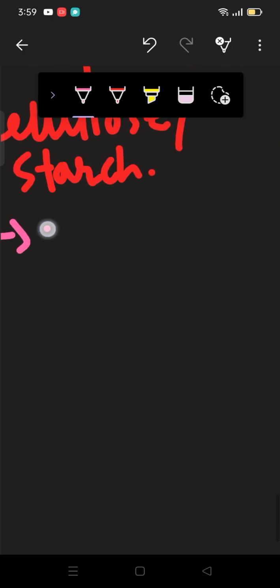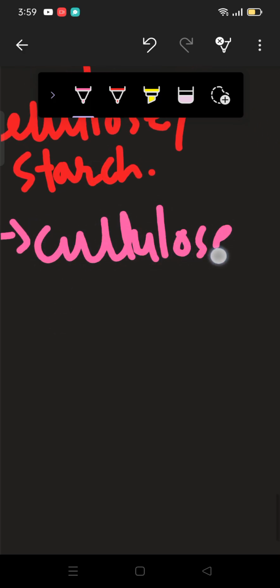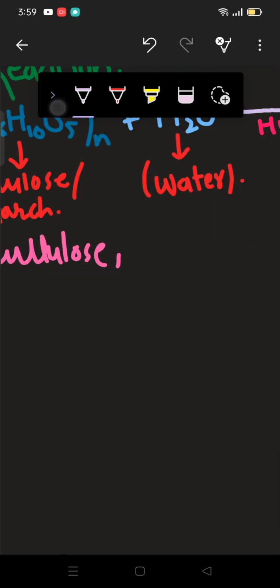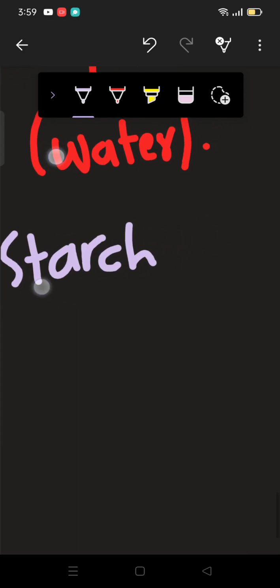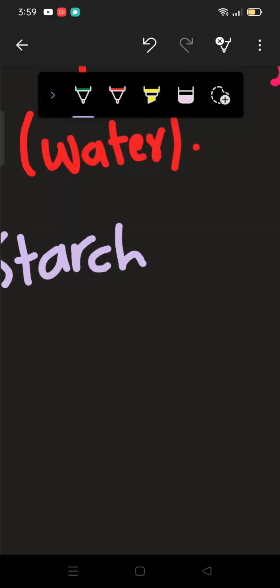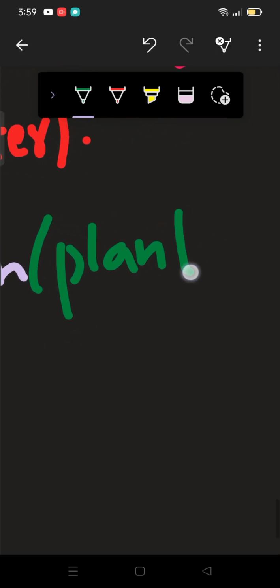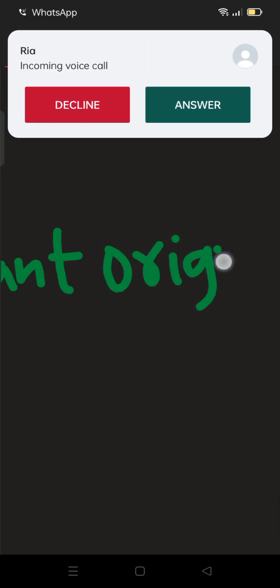We have cellulose. We have starch, which is a polysaccharide as well. And starch is present where? It is of plant origin, basically.